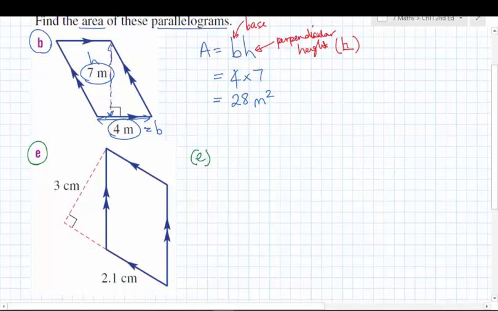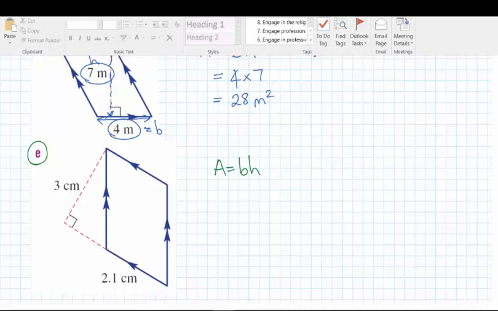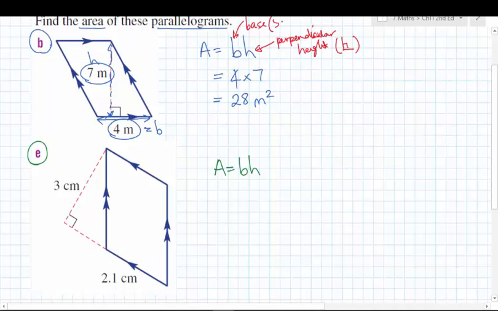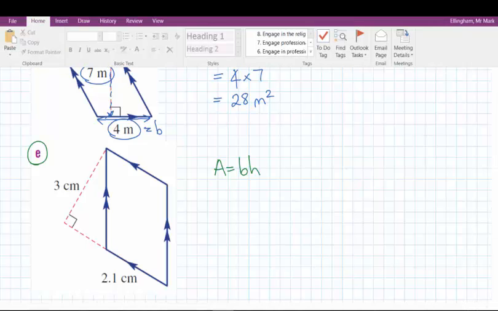So with E, we have, again, our area equals our base times the perpendicular height to that base. Our base will always be one of the sides of the shape.